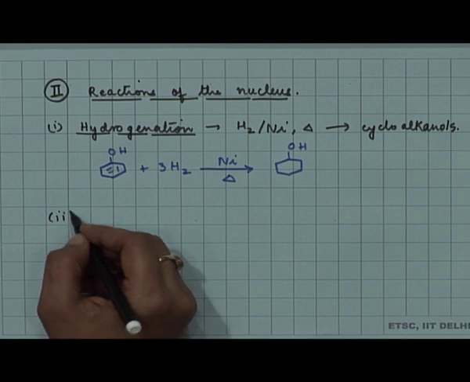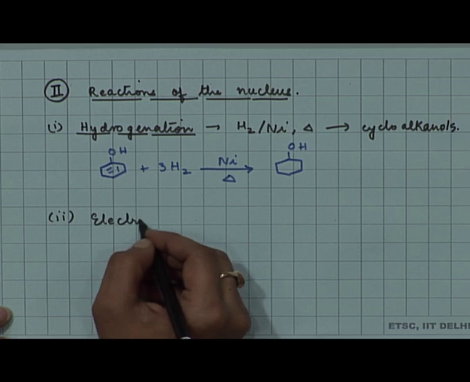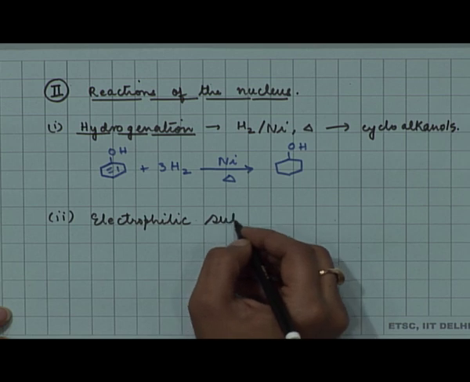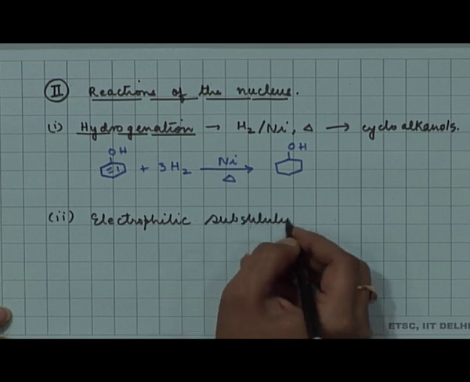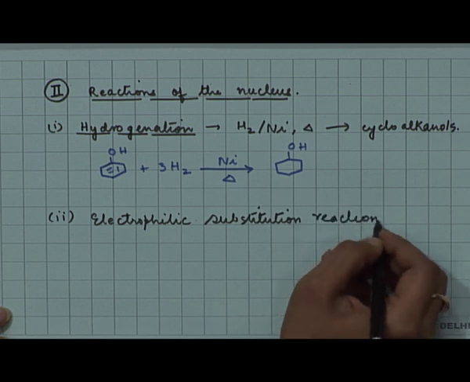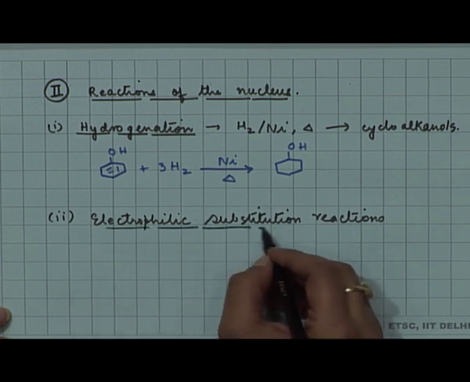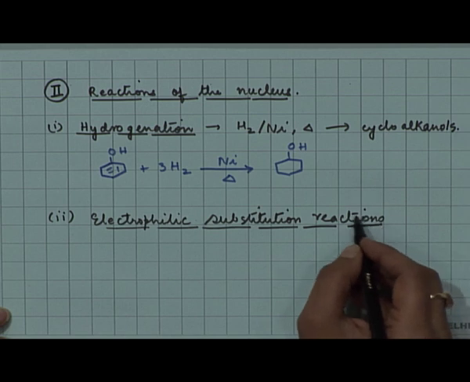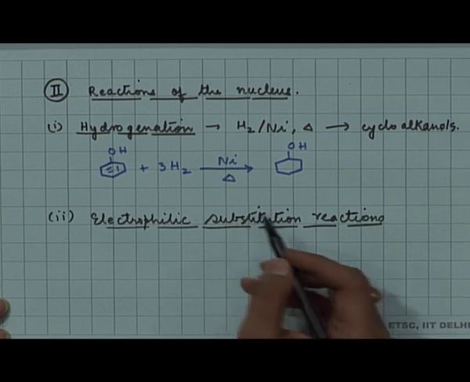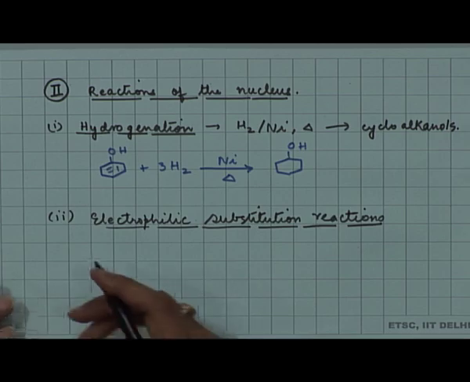The more important reactions of the nucleus are the electrophilic substitution reactions. The electrophilic substitution reactions are the reactions in which the electrophile comes and attacks onto the benzene ring or the arene ring, and this you must have studied when you did the aromatic hydrocarbons, the reactions on a benzene ring.